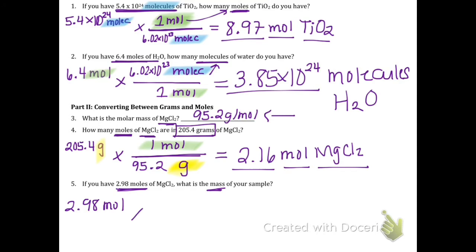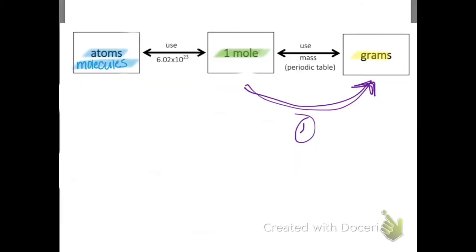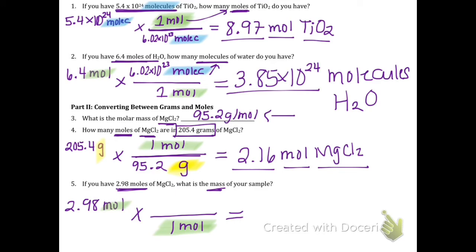Okay, so we only need 1 fraction. Okay, we know that moles is green, so whatever's on top must come to bottom. Every fraction needs a green, so 1 mole. Then we're going to mass, so we're going from green to yellow, grams. So let's go to grams.